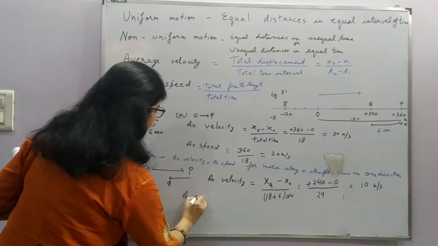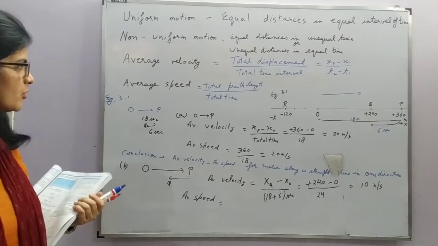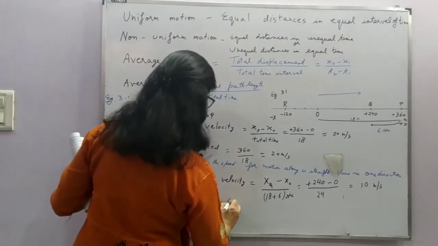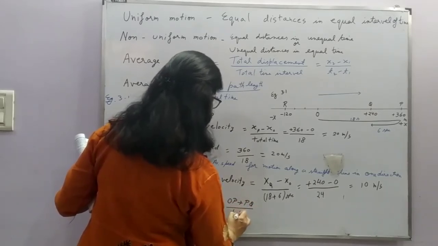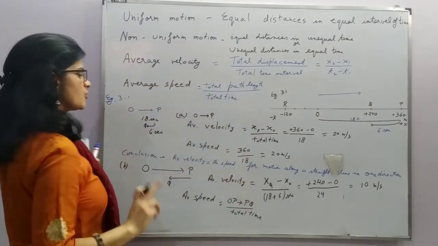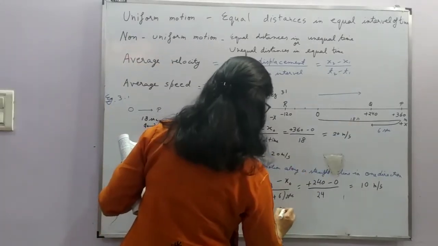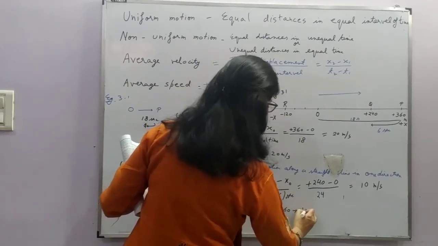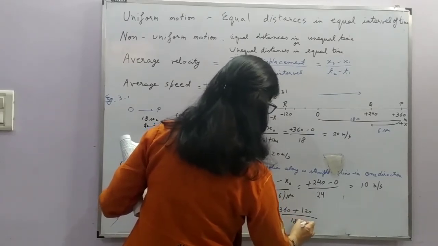If we calculate the average speed, this will be the total path length upon total time. What is the total path length in going from O to P and P to Q? It will be OP plus PQ upon total time. Is the formula clear? Total path length is OP plus PQ. OP is 360 plus PQ is 120, upon total time 18 plus 6.